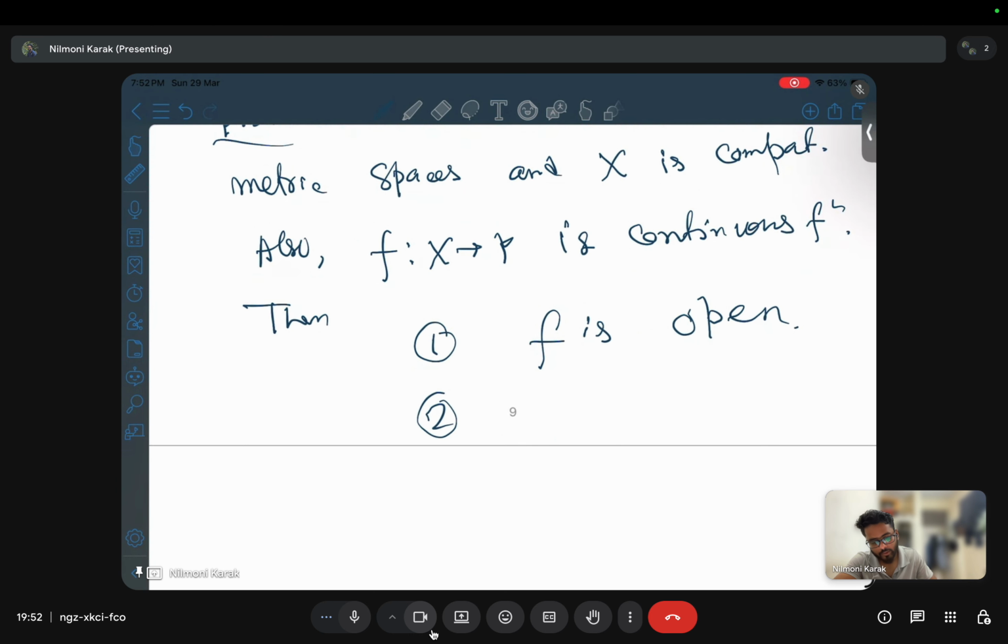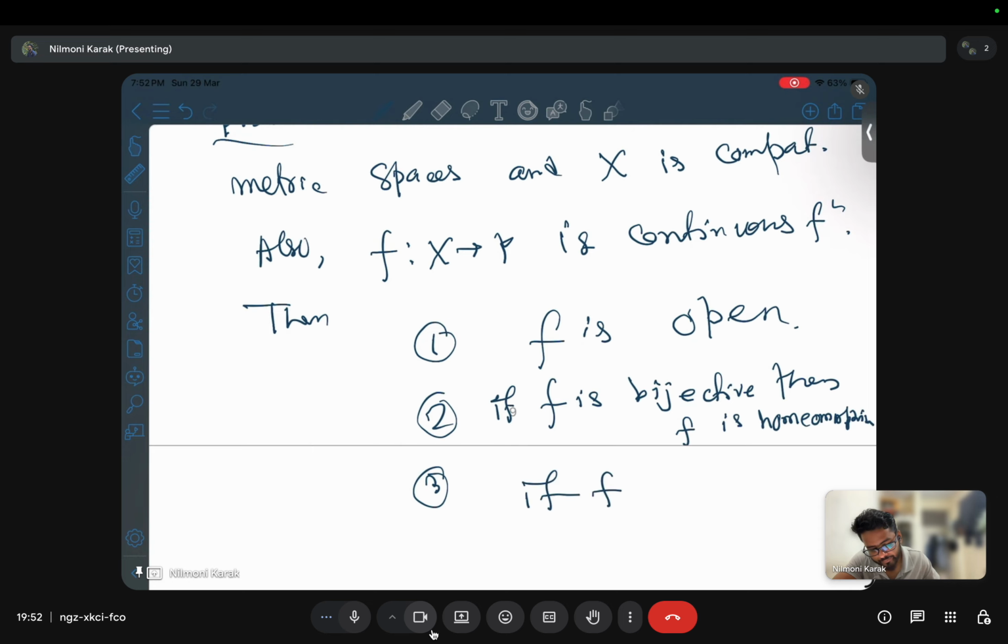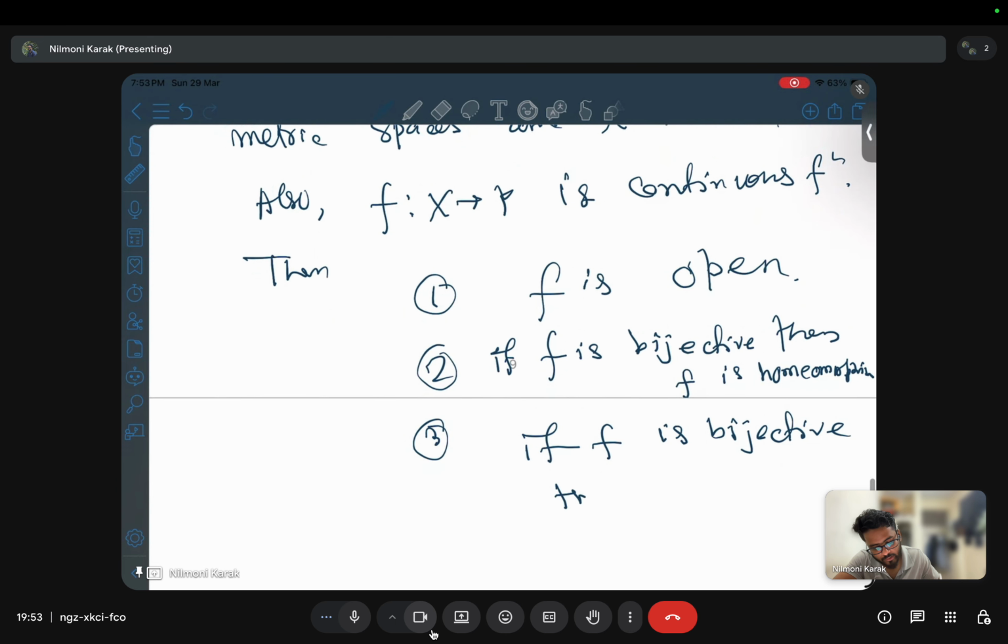Number two, if f is bijective, then f is a homeomorphism. Three, if f is bijective, then f inverse is continuous.